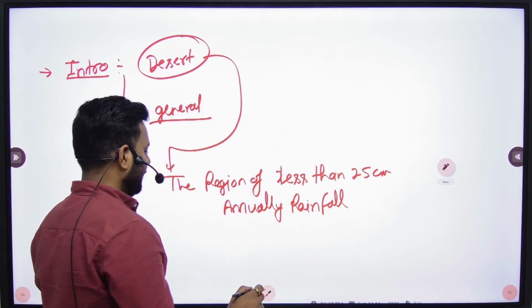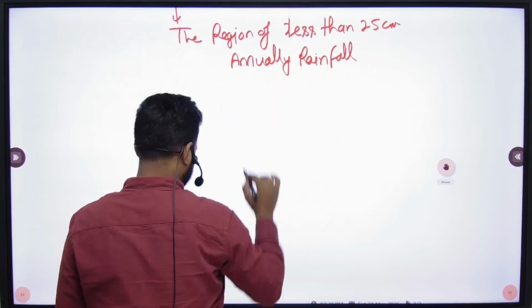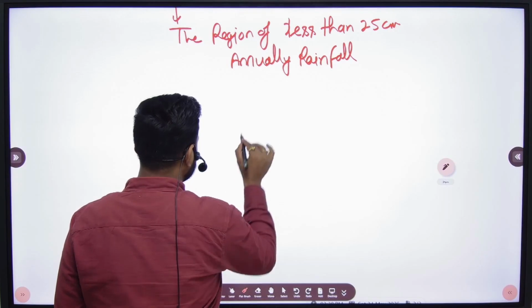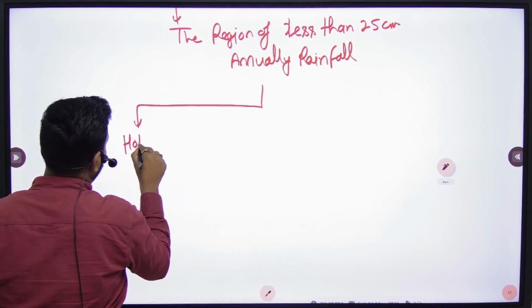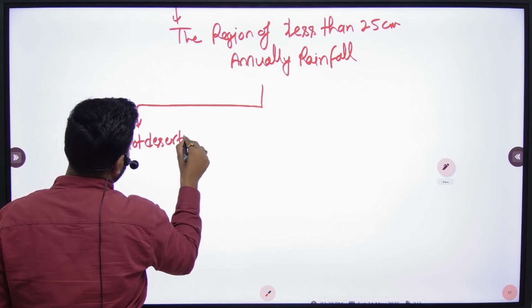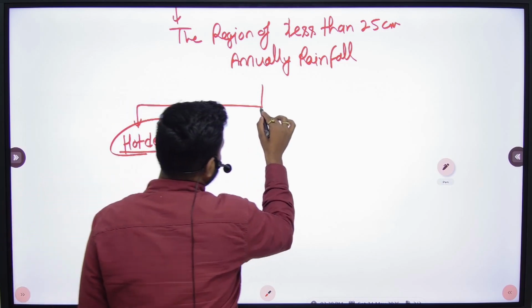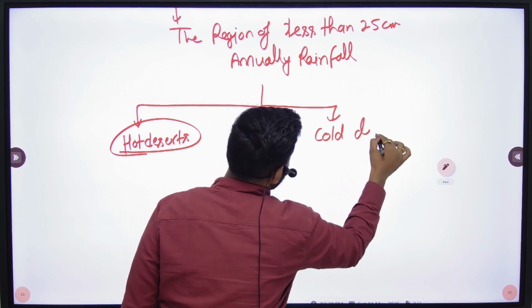And we can broadly categorize deserts into two parts. One is hot deserts, and the second one is cold deserts.